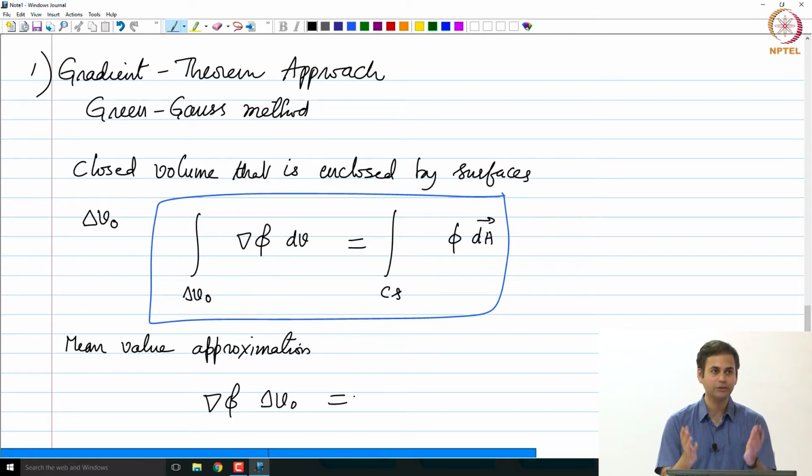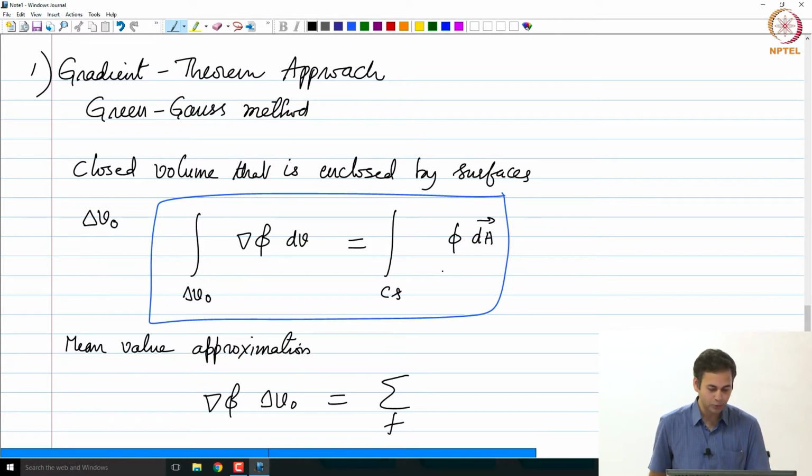Let us say my control surface is made up of several faces, all planar faces, and the value of phi on the face is taken as the face centroid value. If I do that, can I replace this integral with a summation? This will be a summation over f of phi times A f bar, phi A f bar summed over f.